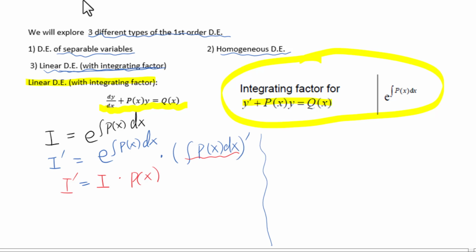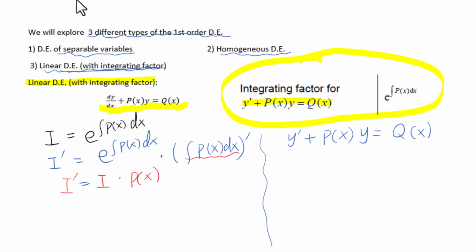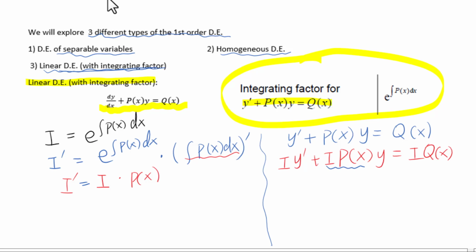Let's go to this linear differential equation. y prime plus p of x y equals q of x, times I on both sides. I times p of x is I prime.